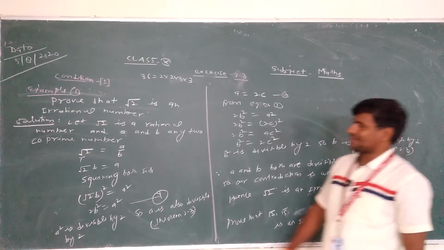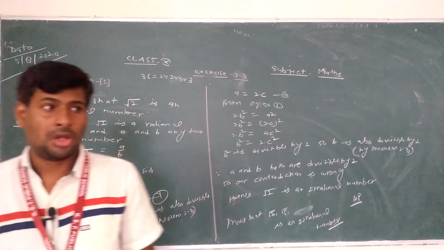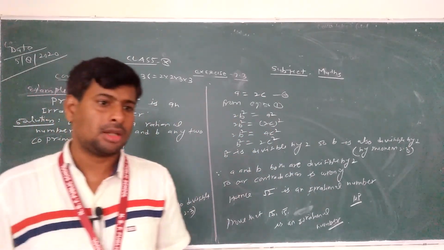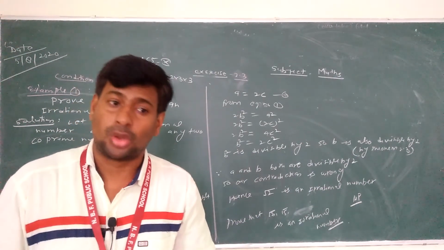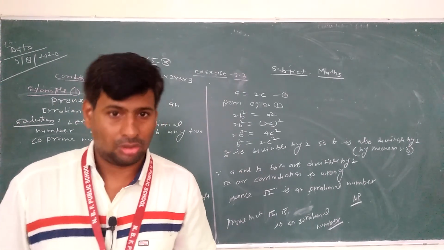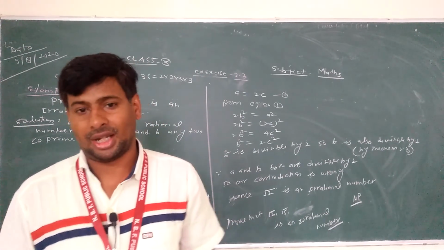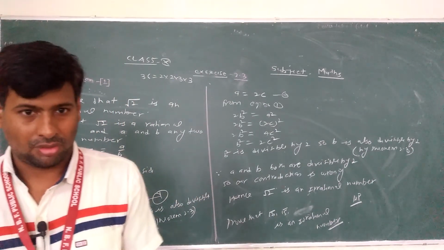So, students of class, this question is the first type. Next day, in the next class, we can discuss the second type of question of this irrational number. Thank you so much. We can explain another type of question in the next class. Okay.